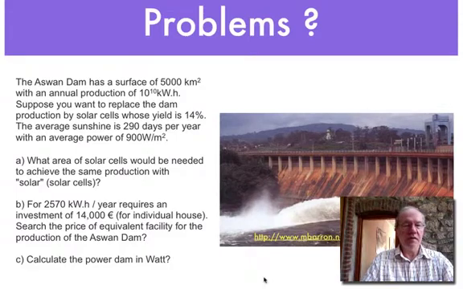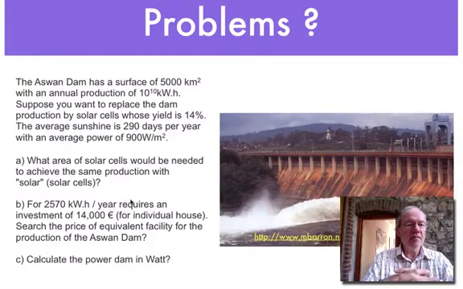Remember the problem. The question. You have three questions. We want to calculate which area we need to replace the production of the dam about electricity in 1 year by solar cells.